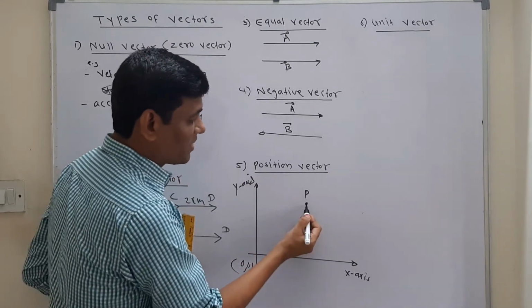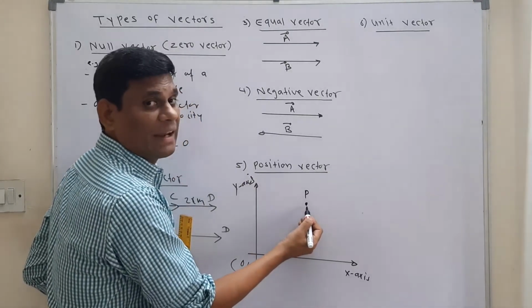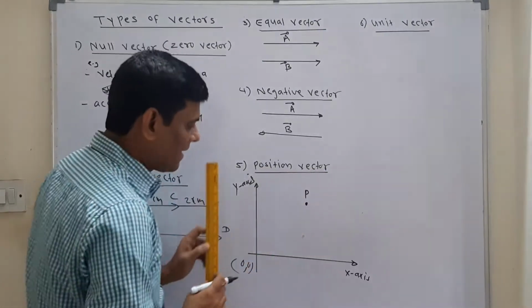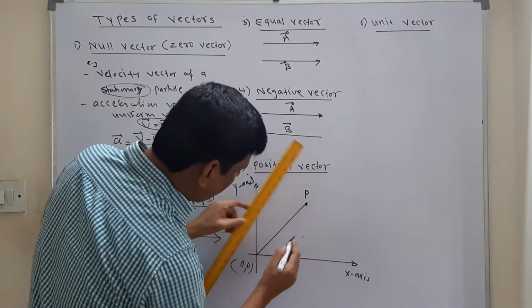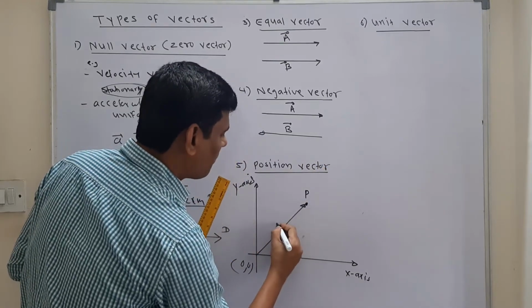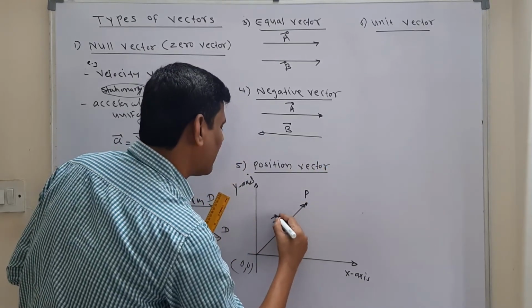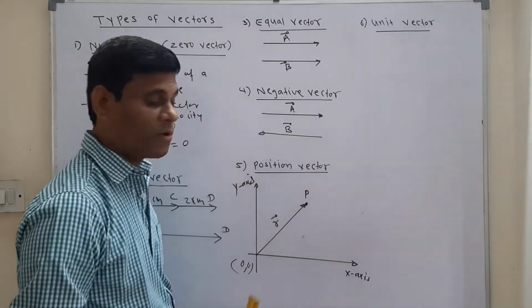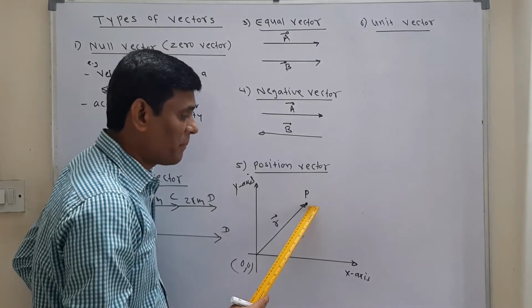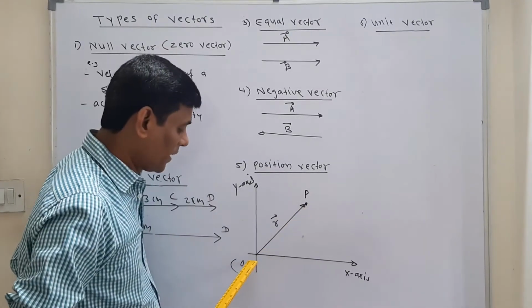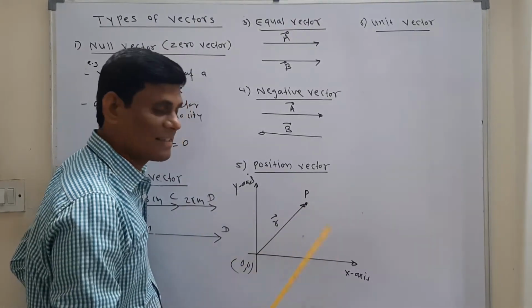Then the position of this particle at point P we can represent by a position vector drawn from the origin to this particular point. This we call the position vector. You can indicate it by the letter small r. So what is a position vector? A vector which represents the position of a particle at a point with respect to the origin of the coordinate system.